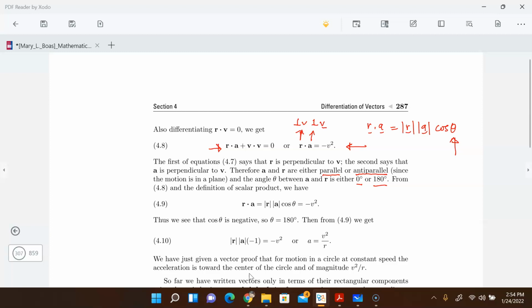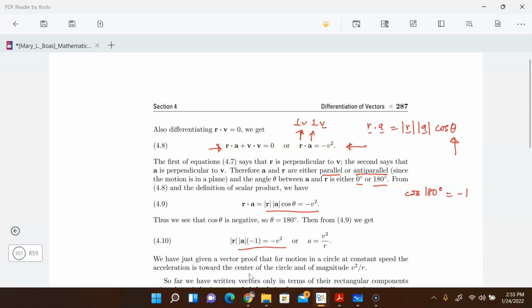But since the answer is actually negative, it cannot be 0, because that gives you 1. So what we need is a negative answer, so we need a cos 180 degrees. Once you do that, you can identify this with your earlier equation here, and your cos theta is minus 1.